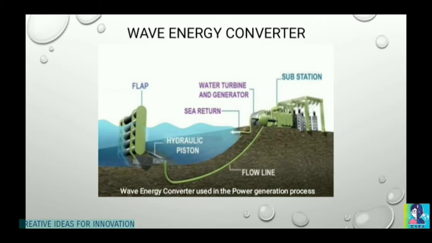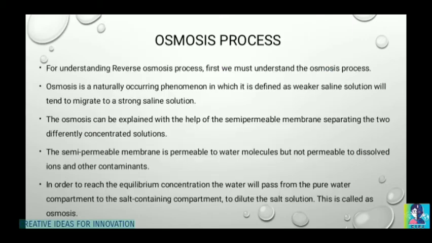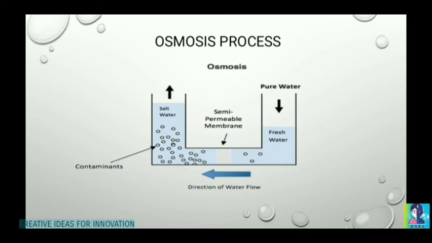The next step is a well-known one, which is the osmosis process. Osmosis is a naturally occurring phenomenon, defined as a weaker saline solution tending to migrate to a stronger saline solution. Osmosis can be explained with the help of a semipermeable membrane separating two solutions of different concentrations.